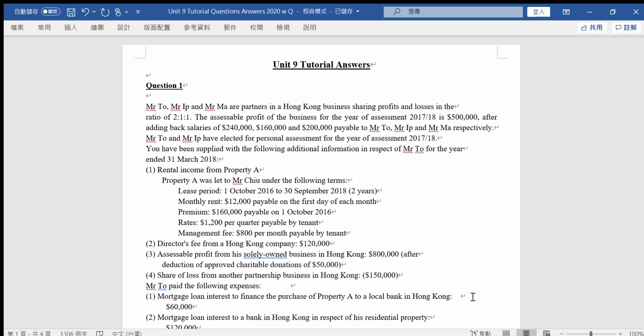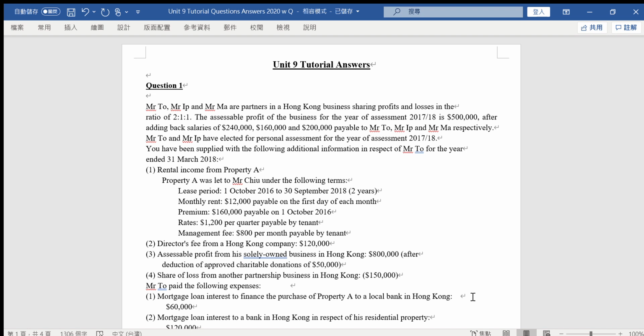The lease period is 2 years, from the 1st of October 2016 to 30 September 2018, and the monthly rent is 12,000, and the premium is 160,000 payable on the 1st of October 2016.